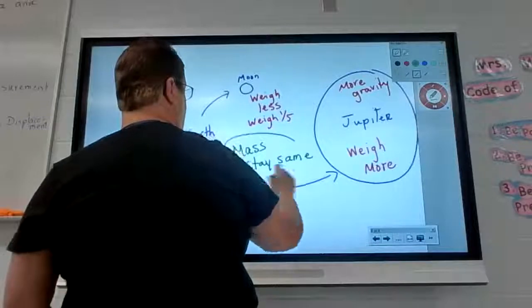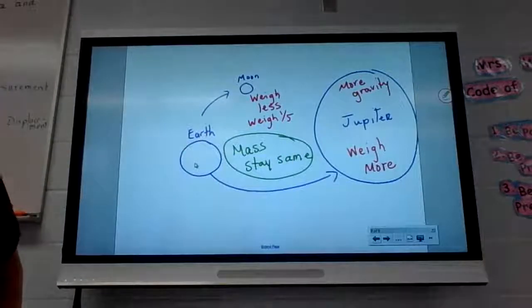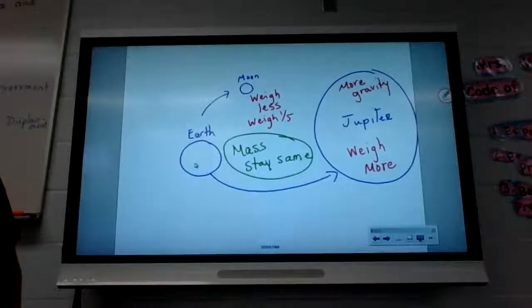It doesn't matter if Elena goes to the moon or Jupiter. Her mass does not change. She's going to weigh less, or she might weigh more, but her mass is not going to change. The only way that I can change Elena's mass is maybe to cut off an arm, cut off her leg. I'm not planning to do that, don't worry. Okay? So it doesn't change.